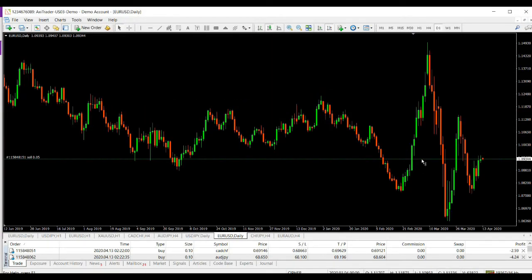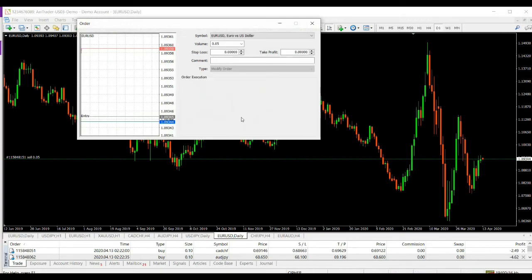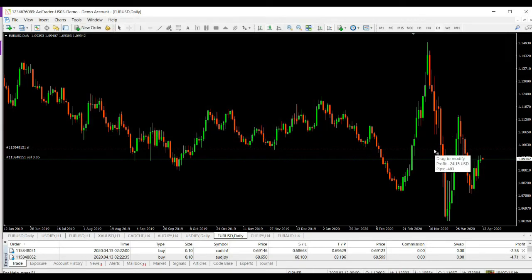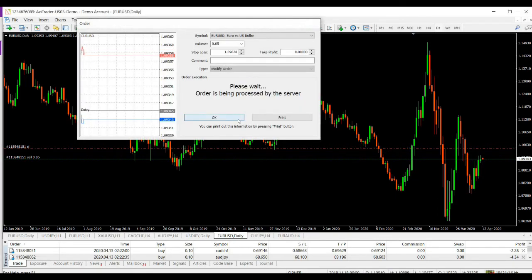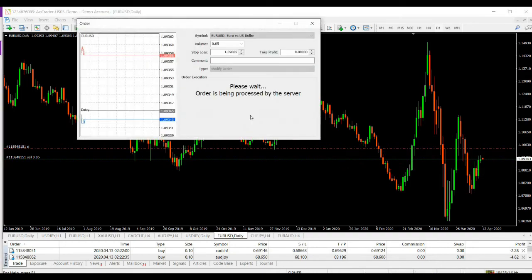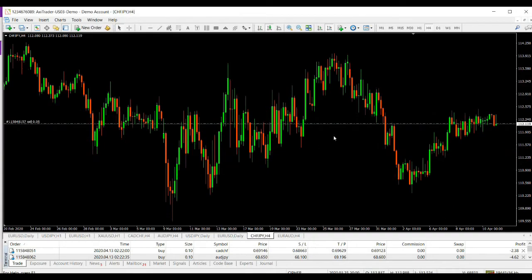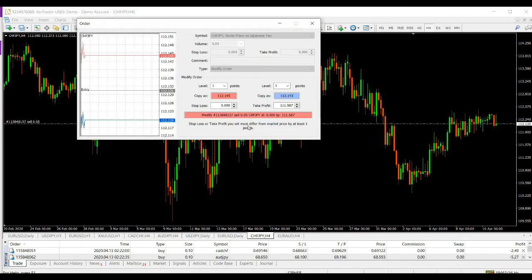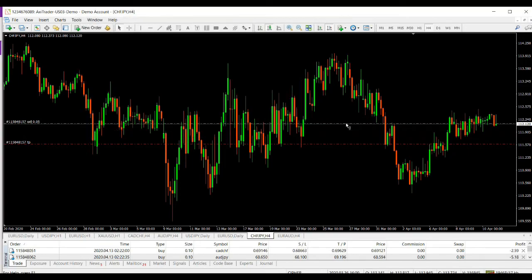Same goes here. $25 I lose exactly. It's good actually here. You can adapt a little bit here. 25, and again 25. 25 US dollars. 25.